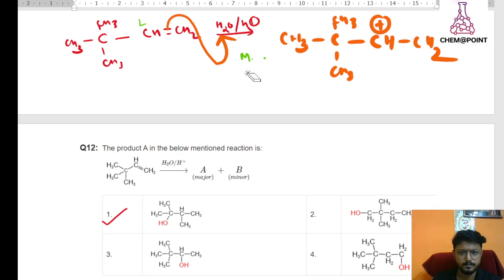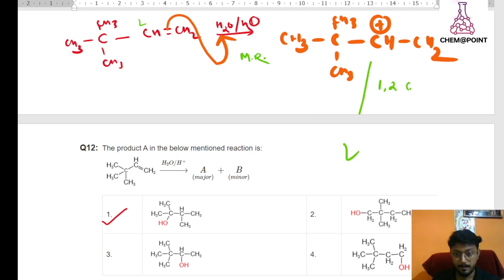Any doubt, any confusion? Now, this positive charge is less stabilized. If a rearrangement takes place, then the positive charge goes to the more stabilized position.